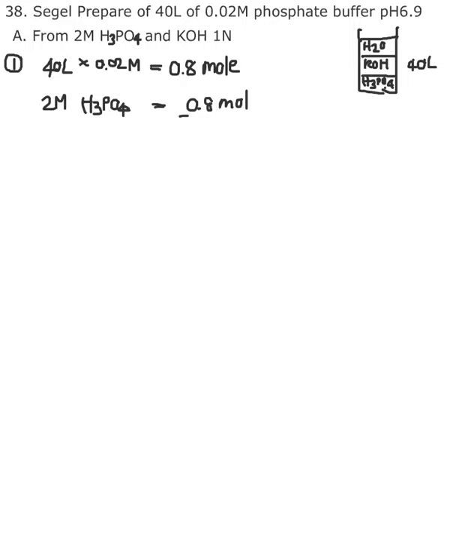So you can calculate the volume of H3PO4 by dividing the moles, 0.8, by the concentration, 2 molar. This will give you 0.4 liter. So this is the first component, H3PO4, that needs to be added into the beaker: 0.4 liters.